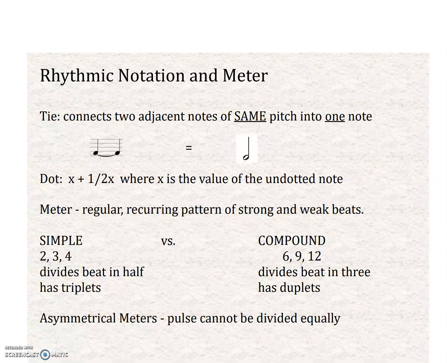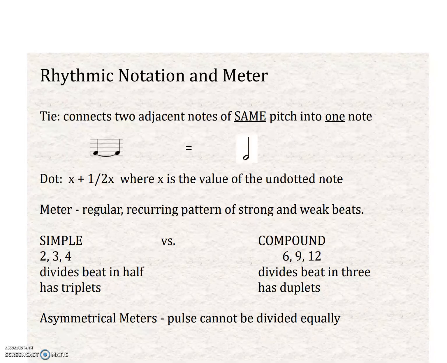When we have a tie, we're just connecting two adjacent notes of the same pitch into one note. So you can see there are two quarter notes tied together, and it's going to sound like a half note. Now, if you were to ask me, why don't you just draw it as a half note?